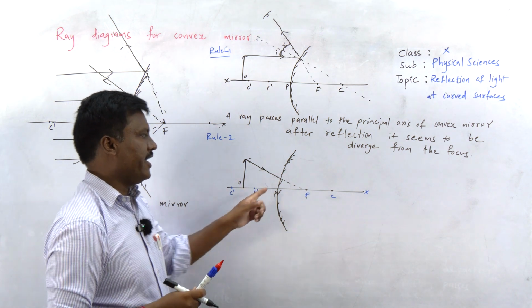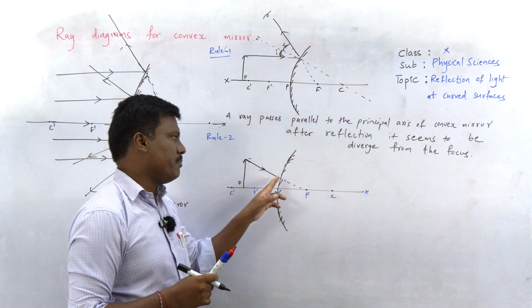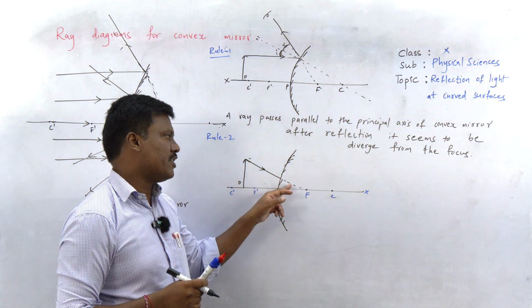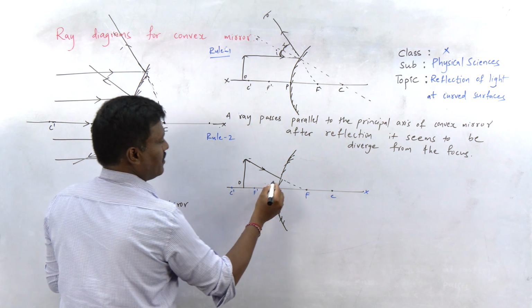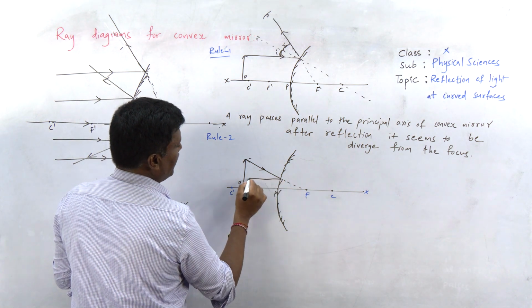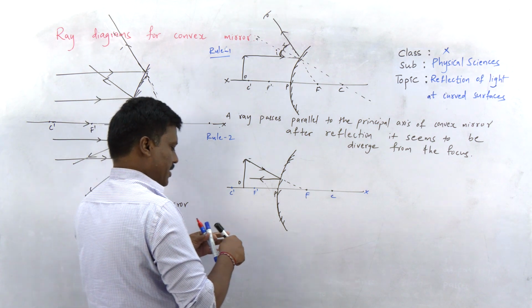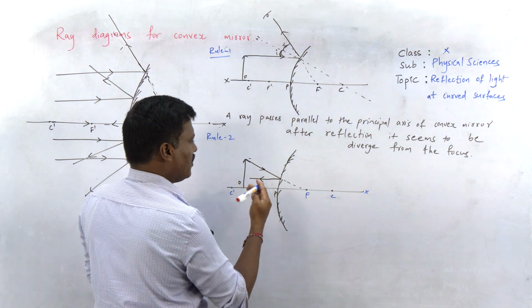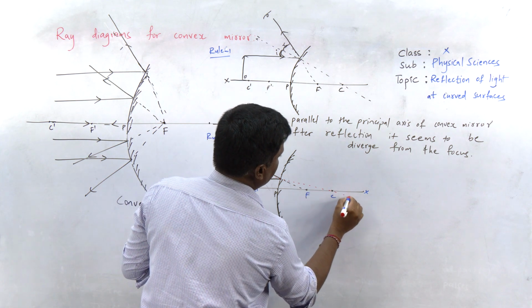What happens if there is no mirror? This ray compulsorily passes through the focus, but the mirror doesn't allow this light ray to pass through the focus. Then what happens after reflection? It passes parallel to the principal axis. Why? Because when we draw the normal, it passes through the center of the curvature, right?